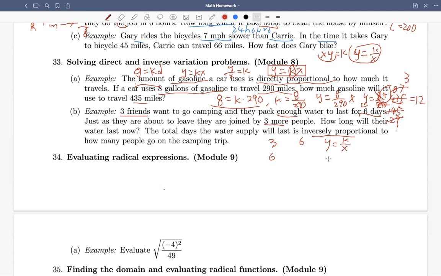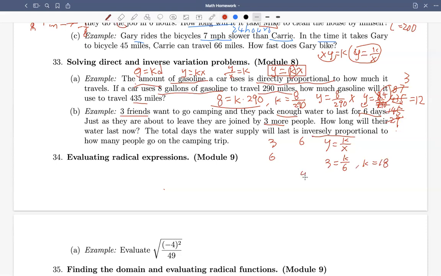So the first sentence is saying 3 friends, right, for 6 days. So basically we could set up x to be how many people. So if it's 3 people, we don't know k, but it's good for 6 days. So that means k equals 3 times 6, 18.